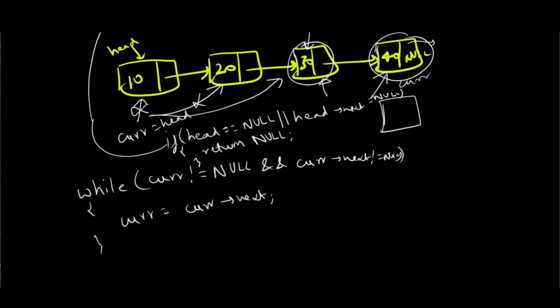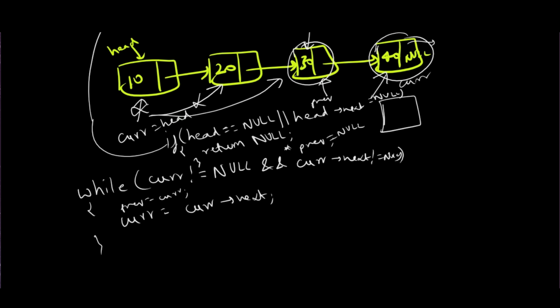We'll also keep a note of previous. We'll declare a previous variable and at each step we'll do previous equals current. So after this loop ends, our previous will be pointing here. Previous will be the node before current. At the beginning, previous will be, let's suppose, null.